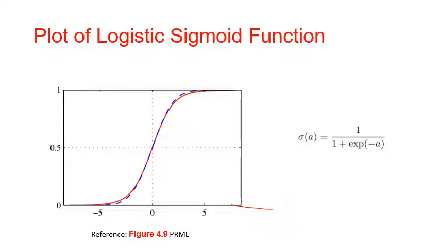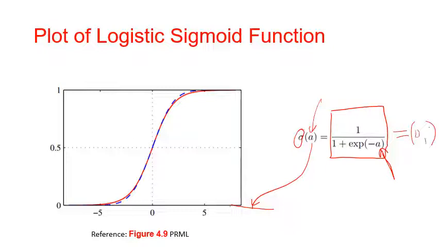So minus infinity is mapped to 0 and plus infinity is mapped to 1. This a is a real number, and if you feed any real number to this sigmoid function, which looks like this in mathematical notation, it gives you some number between 0 and 1.